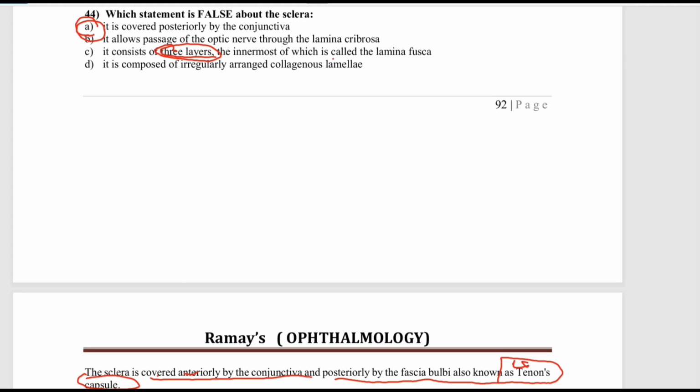What are these three layers? These are episclera, stroma, and the third one is lamina fusca.